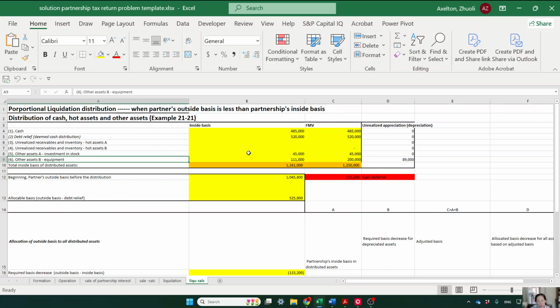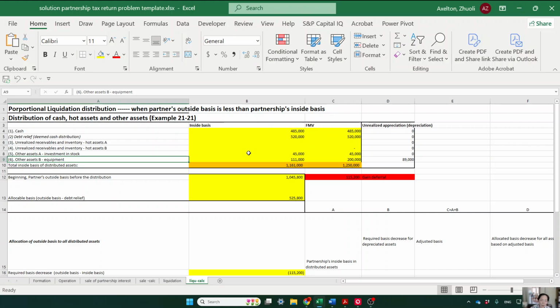Basically, there's a transfer of property from the partnership to the partner. So this is very different from the sale of partnership interest. In the sale of partnership interest, there's no transfer of property from the partnership to the partner, because essentially the purchasing partner took on all the assets and liabilities. So at the partnership level, nothing changes.